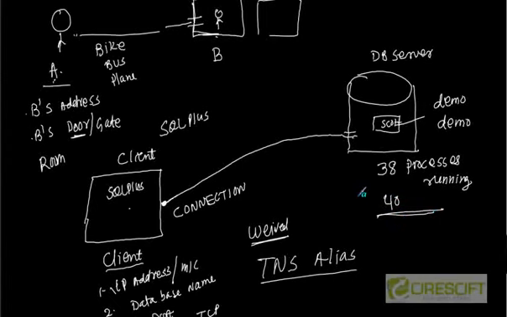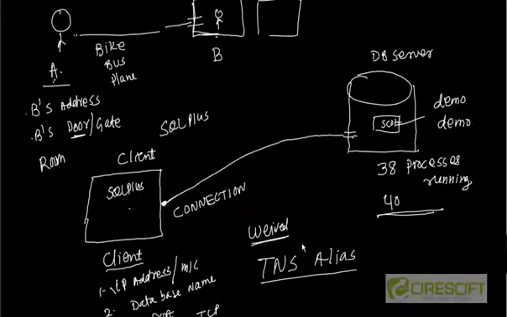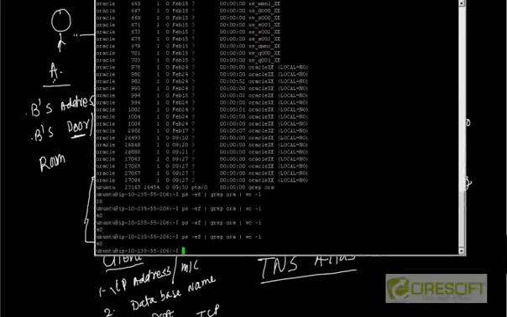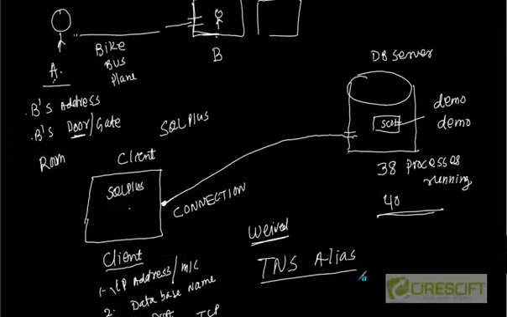Let's go back and do an exit here. Let's check how many processes there are. It became 39. So the moment I exit from SQL Plus, one process goes down.